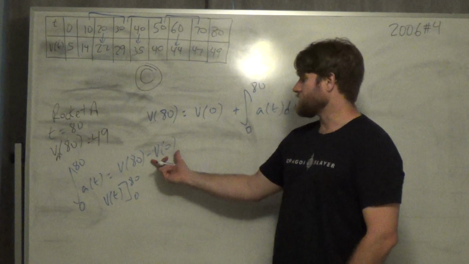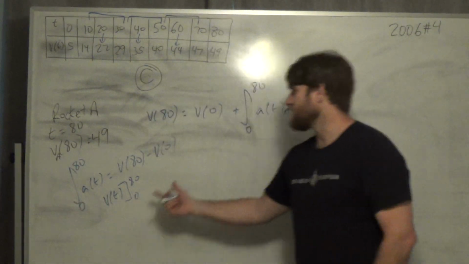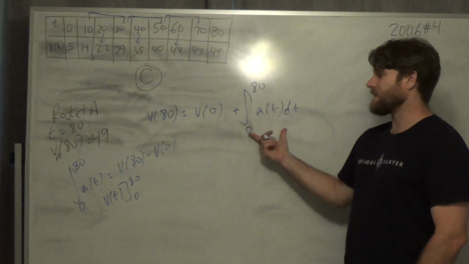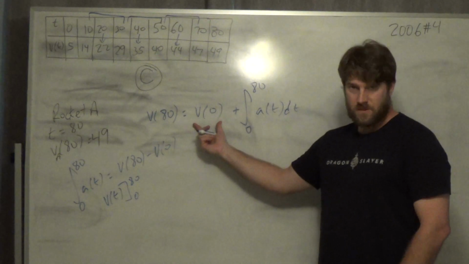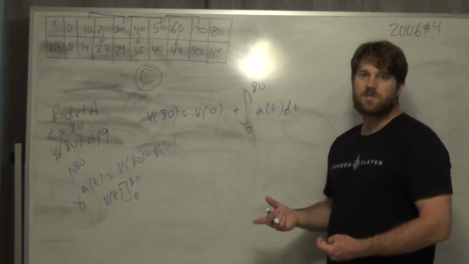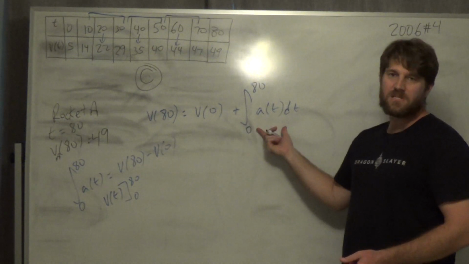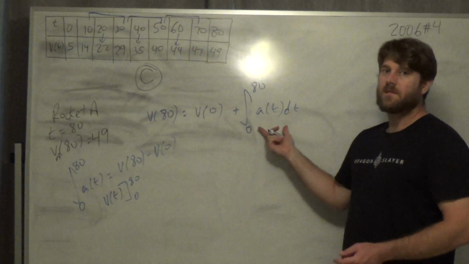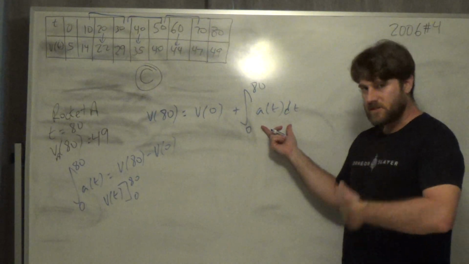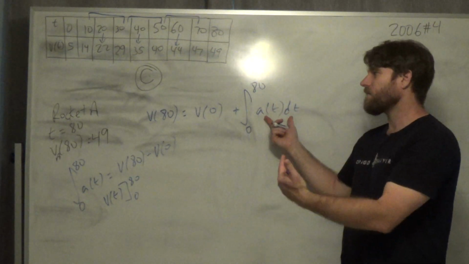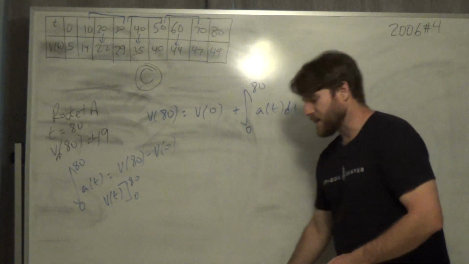And if I move this v of 0 to the other side, I get initial velocity plus this. Remember, initial position plus net change in position is final position. Same idea. This is initial velocity plus net change in velocity. The area underneath gives the net change in the antiderivative. The antiderivative of acceleration is velocity.